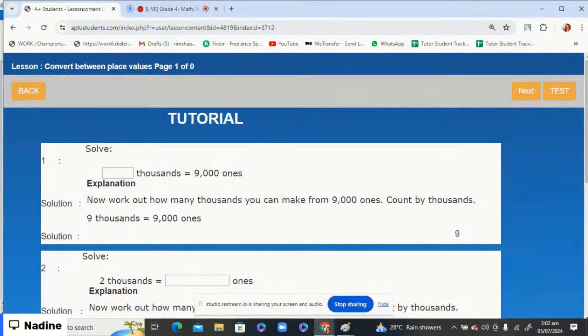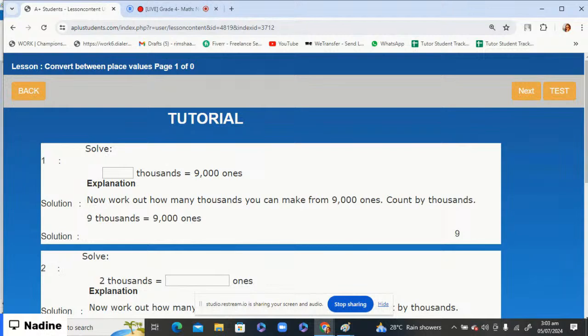So here we convert between the place values. Look at the first one. This is basically thousands. How many thousands in 9,000 ones?